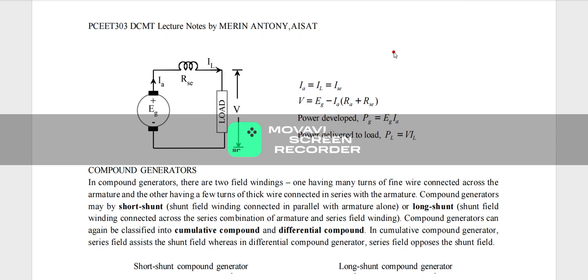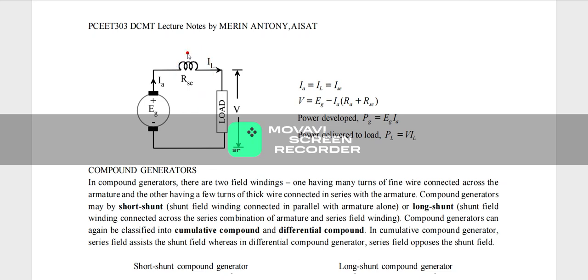And next we'll be moving on to the voltage equation of the DC series generator. You can see here, this is our terminal voltage capital V. And this is our generated EMF. So this generated EMF will have a drop across the armature considered as IA RA, and also there will be a drop across the series field winding, that will be considered as IA into RSC.